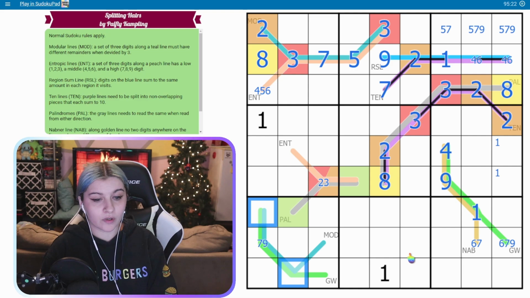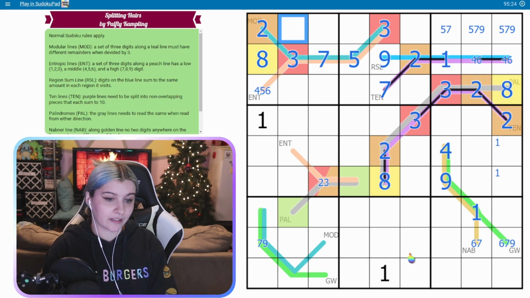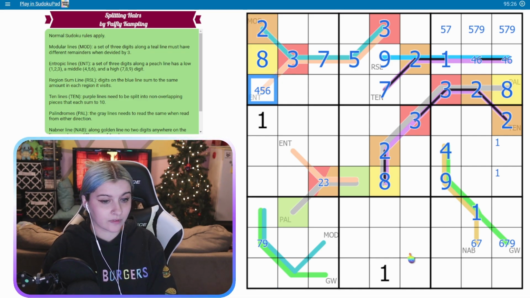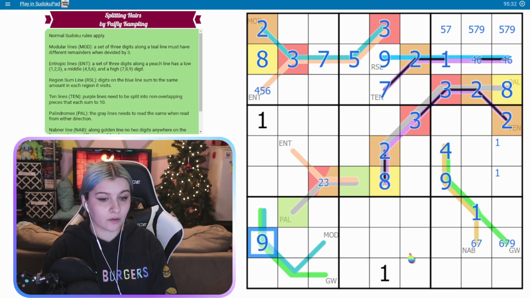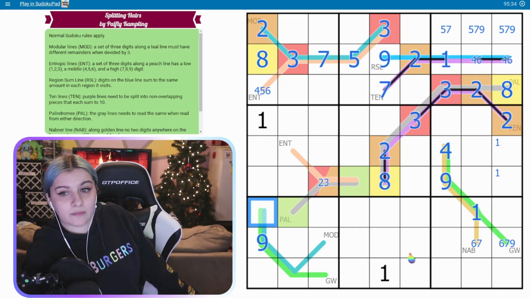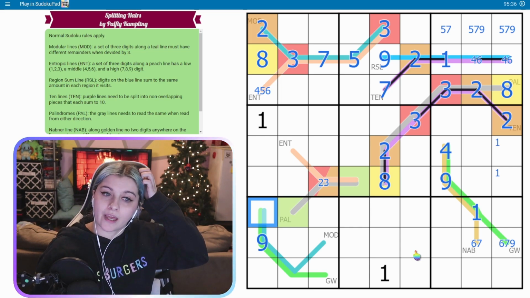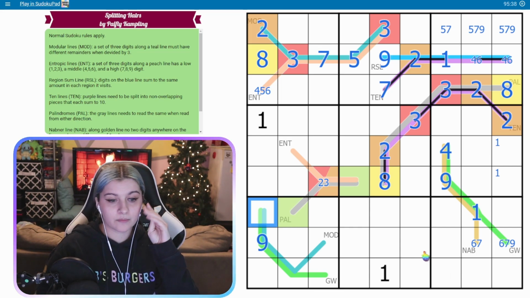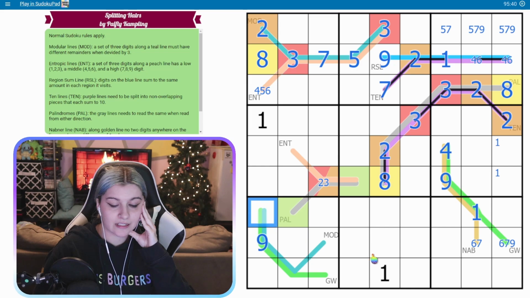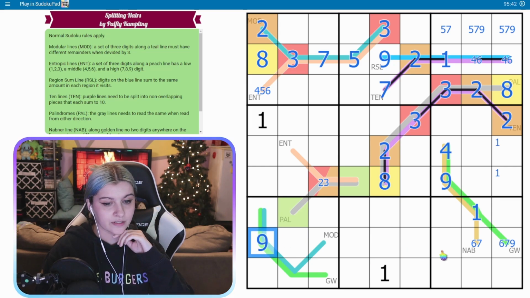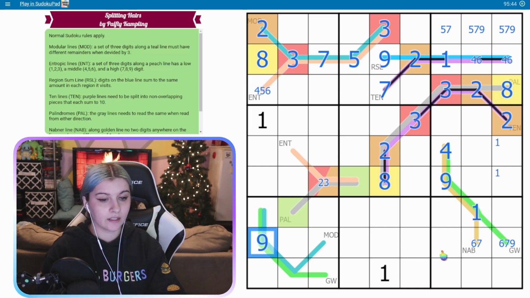And it can't be a 1, so they'd both be 2s, so that's broken. So this can't be a 7 either. Ooh, so this has to be a 9. Next to a 9 could be a 1, 2, 3. Maybe I'm doing something wrong. Is something else broken? Did I break something else? There's nothing that can go here.